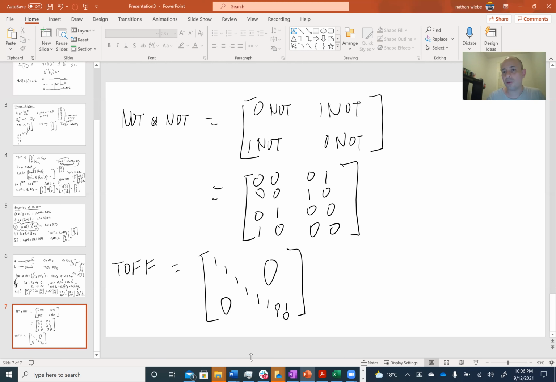And try as you might, you cannot reduce this to a tensor product of elementary matrices. So that is the operations that we're interested in.